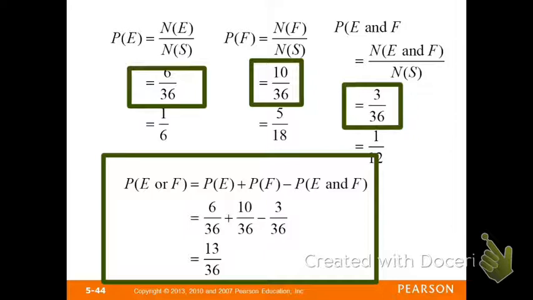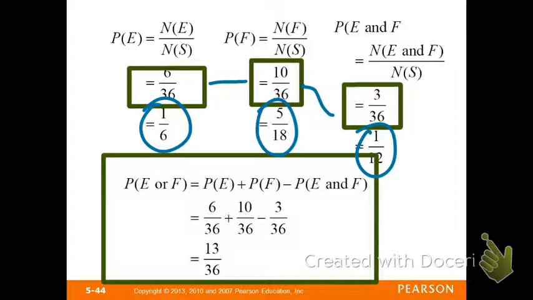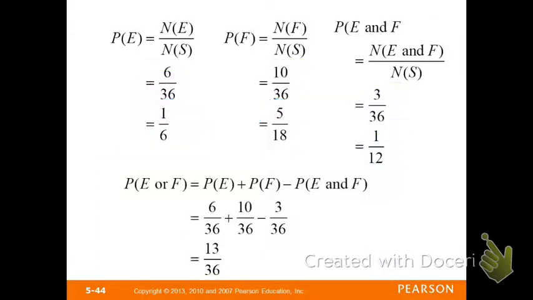And you can definitely see an advantage of not simplifying along the way. If we just keep the unsimplified values, when we're adding fractions, leaving the common denominator is going to be helpful to us. So the probability of rolling 2 die and having the first die be a 2 or the sum less than or equal to 5 is 13 out of 36.